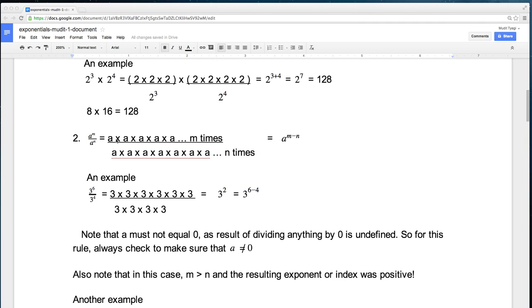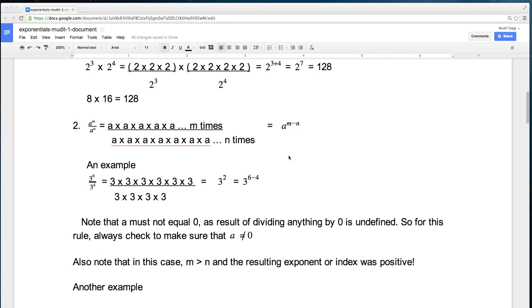So here we've got in the numerator a multiplied by itself m times, and in the denominator a multiplied by itself n times. And you can see that n of the m a's will cancel out, and you will be left with m minus n a's multiplied together.